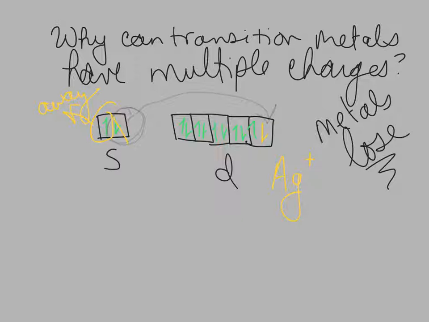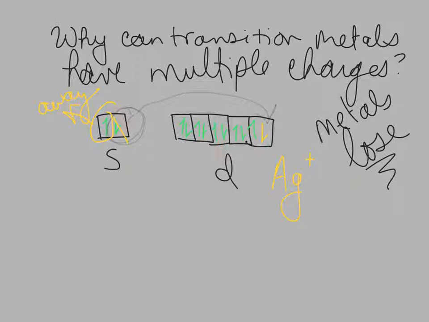Okay, so with transition metals, losing the entire s orbital is okay, especially if it means that the d orbital or the f orbital is either all the way full, as you see there, or half full.